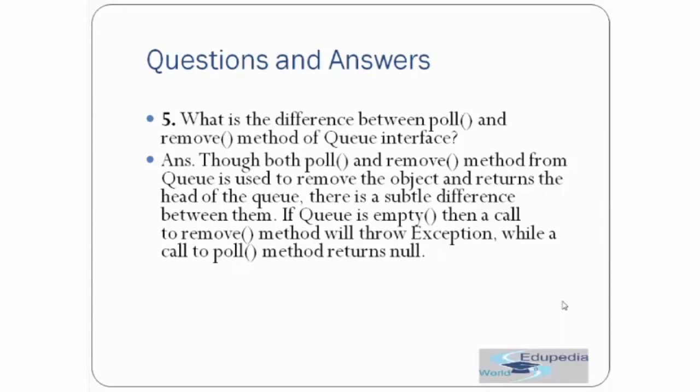But there's a subtle difference: if the queue is empty, a call to the remove method will throw an exception, while a call to the poll method will not throw an exception, rather it will just return null. So whenever you use the remove method, make sure you are handling the exception properly. But poll is safe in that case, since it will not throw an exception even if your queue is empty. Fine, that's the difference between the two.